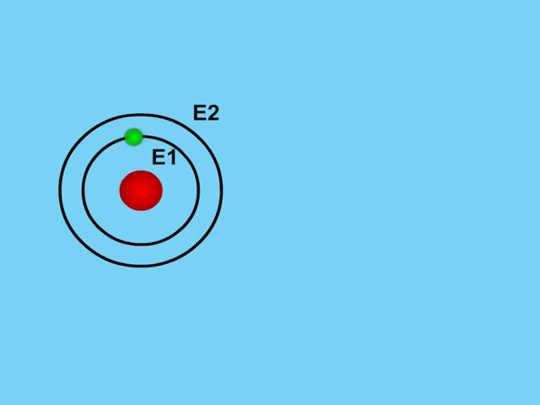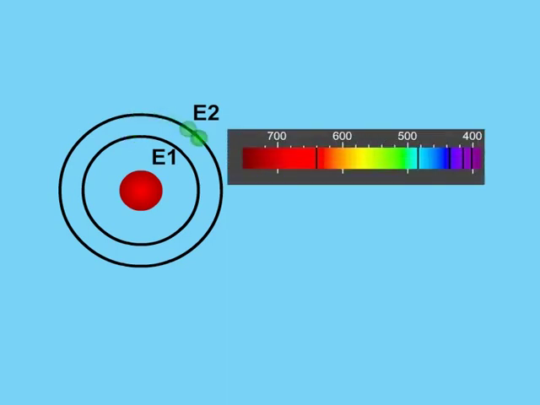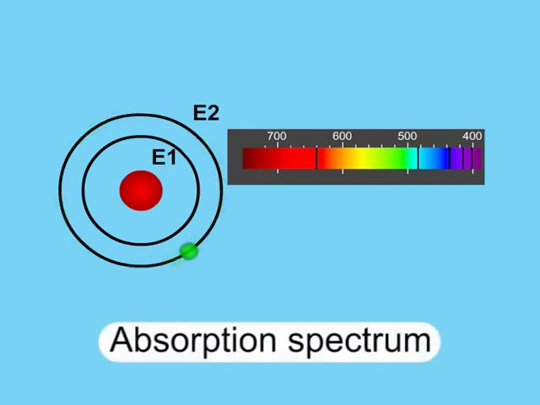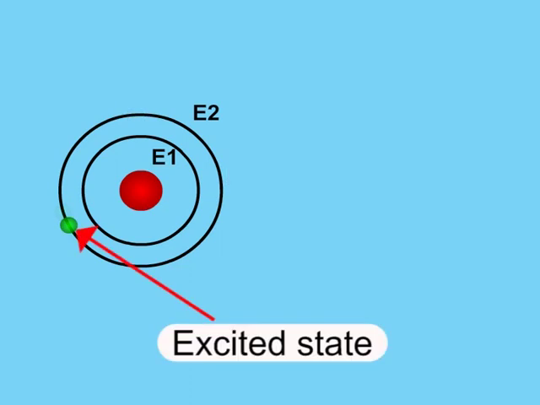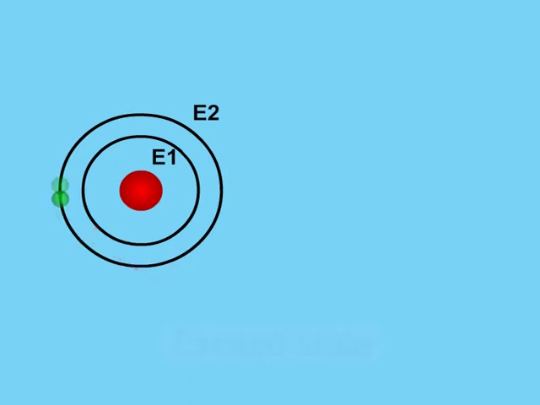When an electron absorbs one quantum or one photon of energy, it jumps to a higher energy level, resulting in an absorption spectrum. At this position, the electron is said to have an excited state.